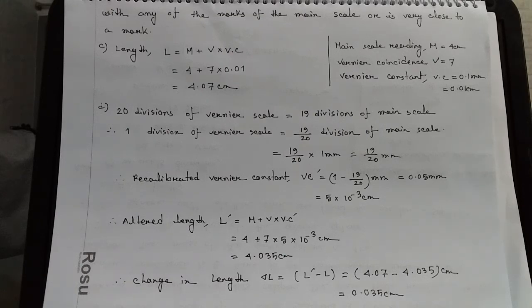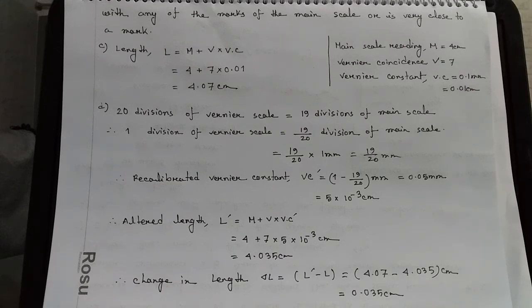We can also determine the Vernier constant by the regular equation: the Vernier constant is equal to the smallest one division of the main scale divided by the total number of divisions on the Vernier scale.